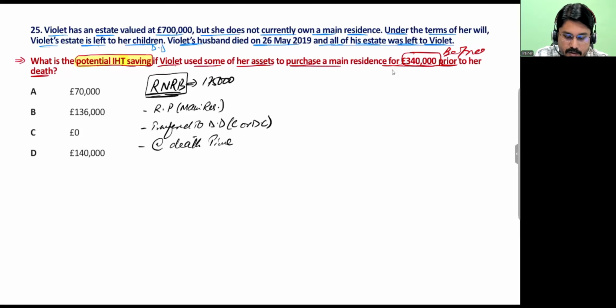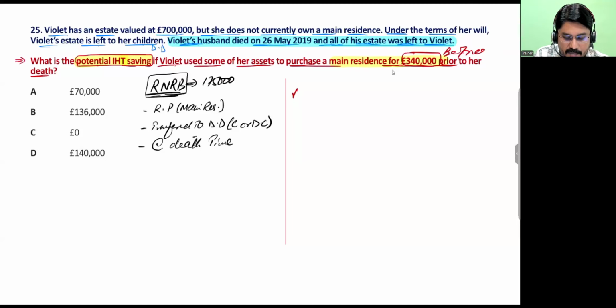Plus, according to this statement, V's husband died and all the estate was transferred to V, meaning her husband's nil rate band can also be taken. So if a main residence is purchased, then the RNRB can be claimed.